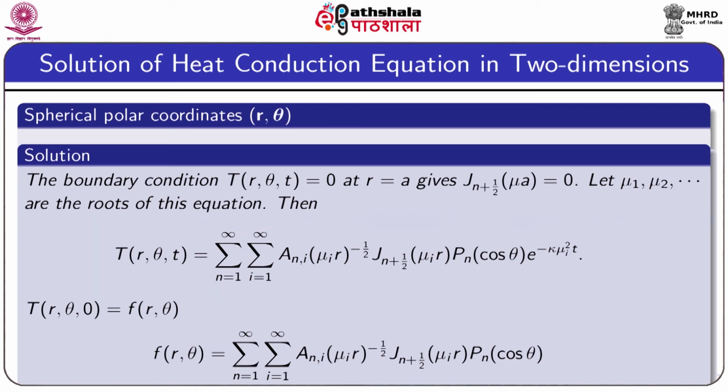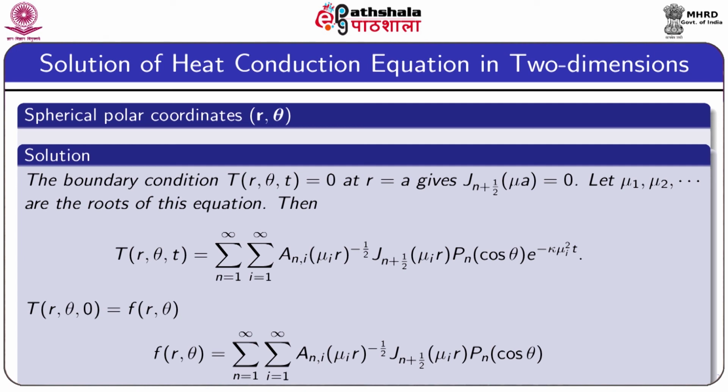using the superposition principle as T equals sum over n, sum over i, a_ni, μ_i r to the power minus half, J_{n+1/2}(μ_i r) P_n(cos θ) e to the power minus κμ_i² t.